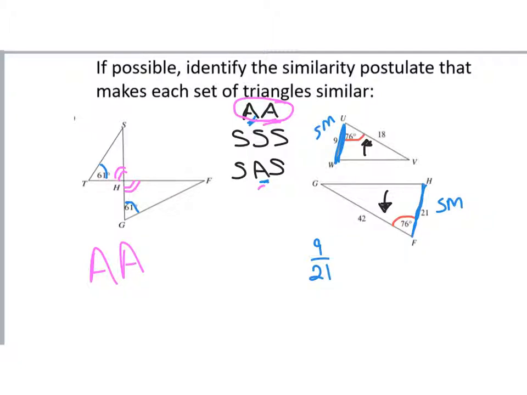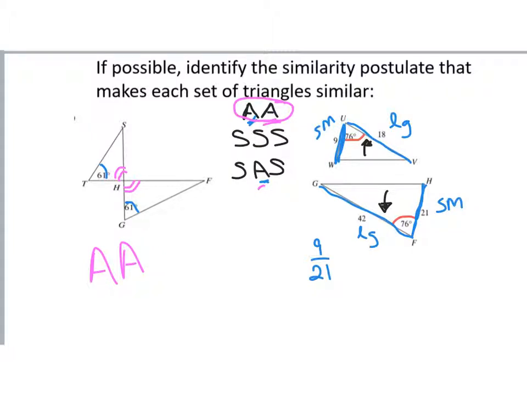And then we're going to look at our large sides. So my U to V is large, and my F to G is large. And again, the up arrow has to stay in the numerator. So my 18 is going to go in the numerator, and my 42 is going to go in the denominator.